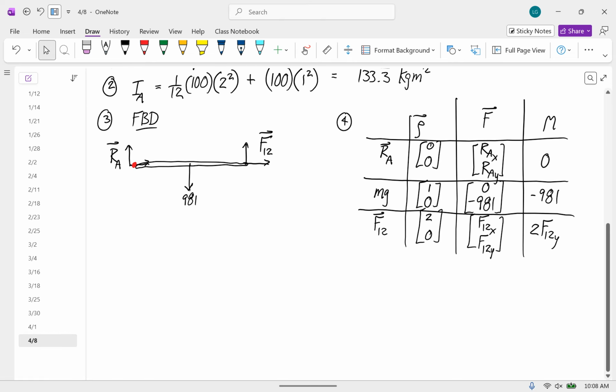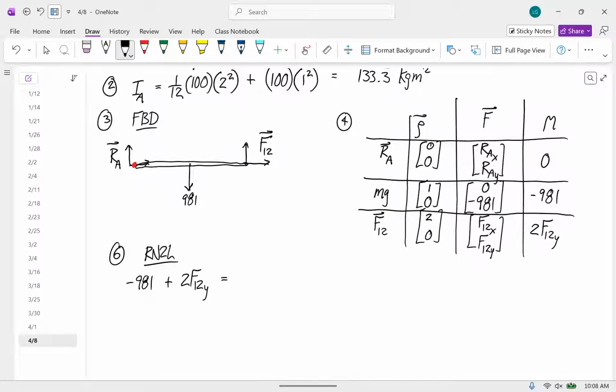Do we need Newton's second law? No, it's fixed. Right, so we'll go straight to rotational Newton's second law. And so that says negative 981 plus 2F12y is equal to 133.3 repeating alpha 1.